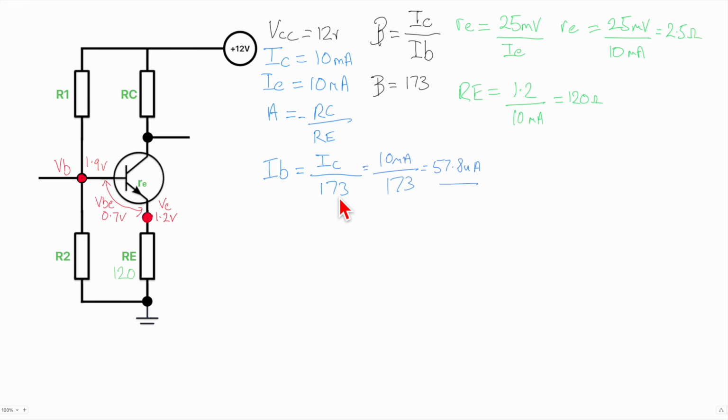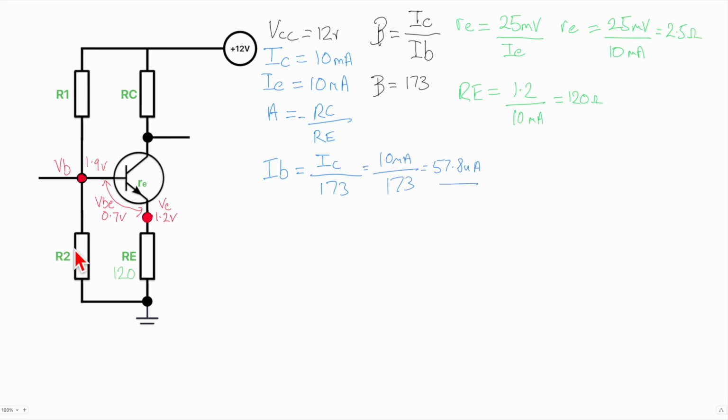In truth, as I said, beta will be different, but we need to work with something. So how do we work out how we're going to get 10 times that current through here? Well, if we want to work out what R2 is, let me just change to my green resistance pen.